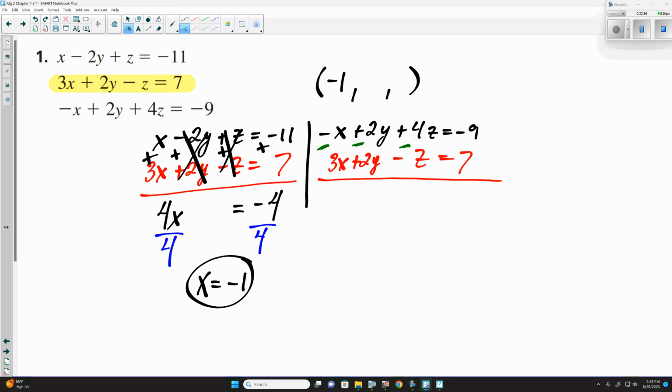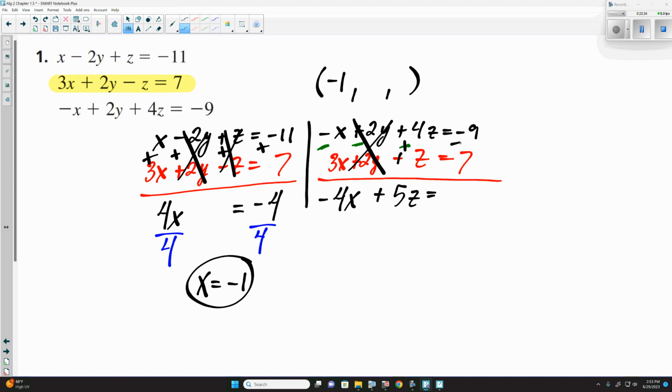Now, negative x minus 3x. Negative 1 minus 3 is negative 4x. 2 minus 2, 0. 4 minus negative 1, well, the negative makes a plus, 5z is equal to? Wait, it's negative x minus 3x.